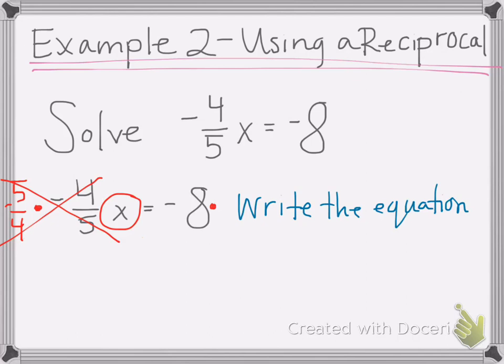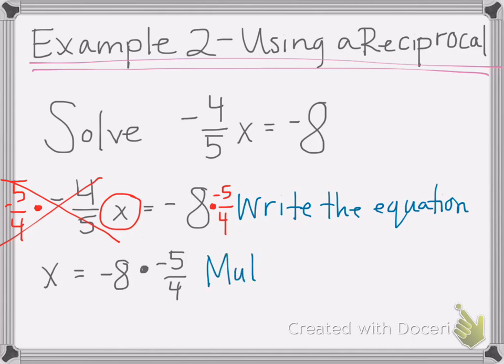So if I multiplied by negative 5 over 4 over there, then I need to do that here. So let me go ahead and write that again. So I have x equals negative 8 times negative 5 over 4. And that step right there was the multiplicative inverse property.